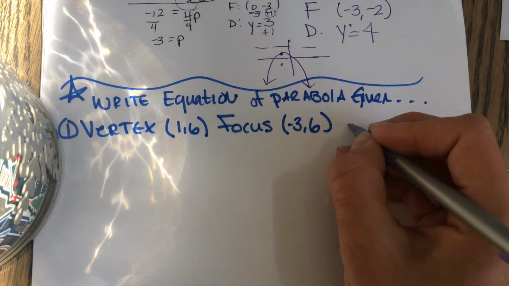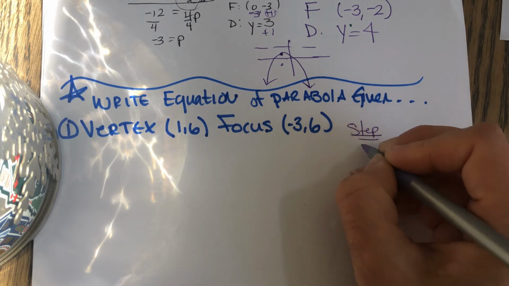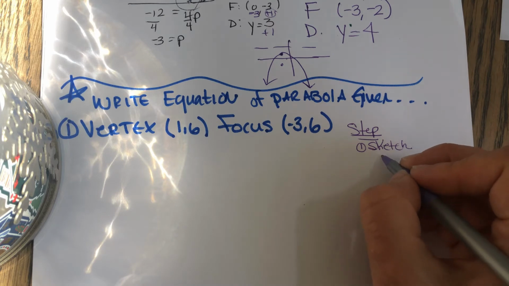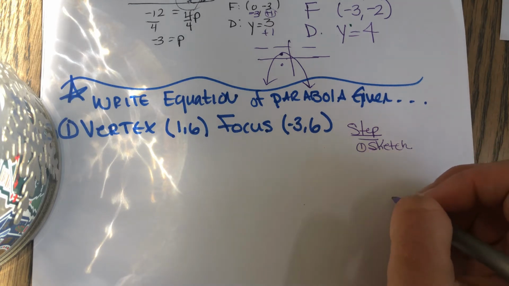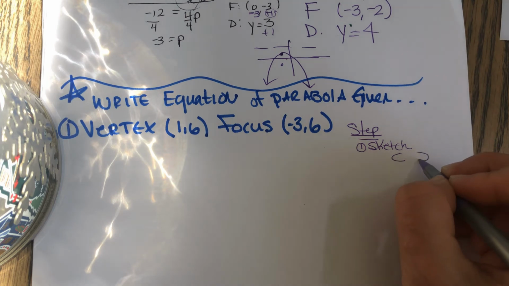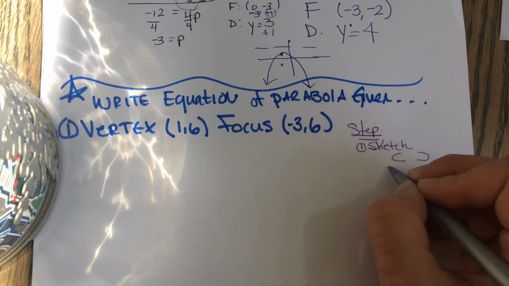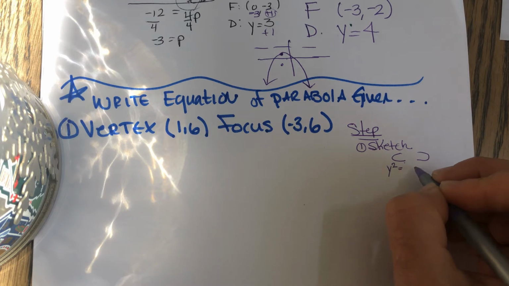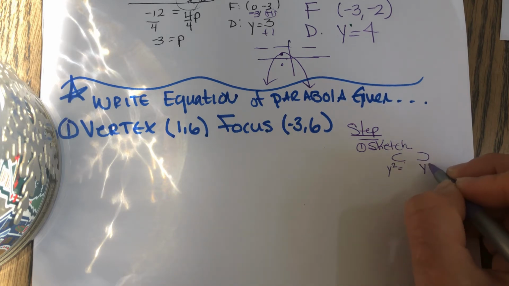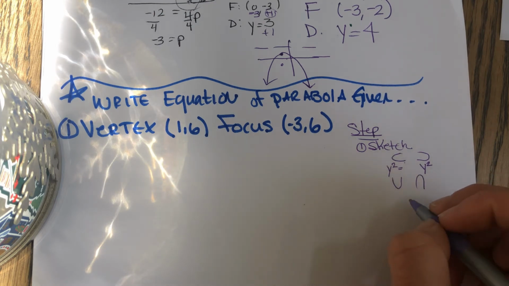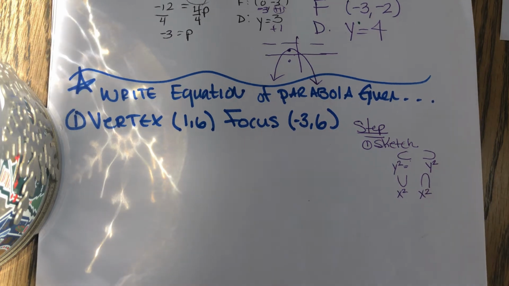So maybe step 1, I would do a sketch, and the reason I would sketch is to figure out if it's going this way or this way, and then positive or negative, right? So if it's going this way, it is going to be a y squared. If it's going this way, it's also a y squared, right? And then you figure out the other ones. If it's going up or down, then we should know it's the x squared. So maybe that's something. Again, you guys can pick up your own ways.